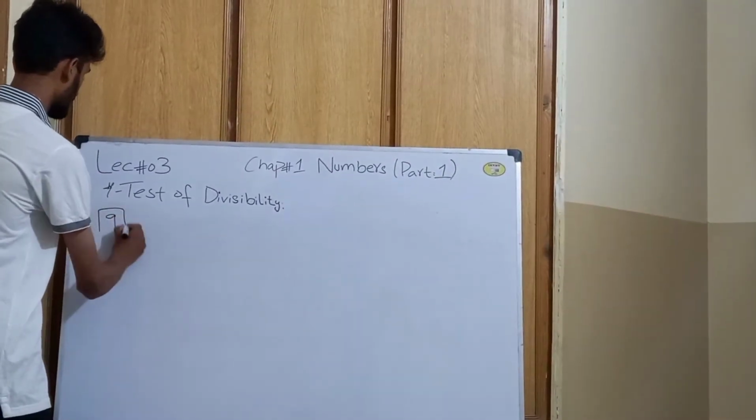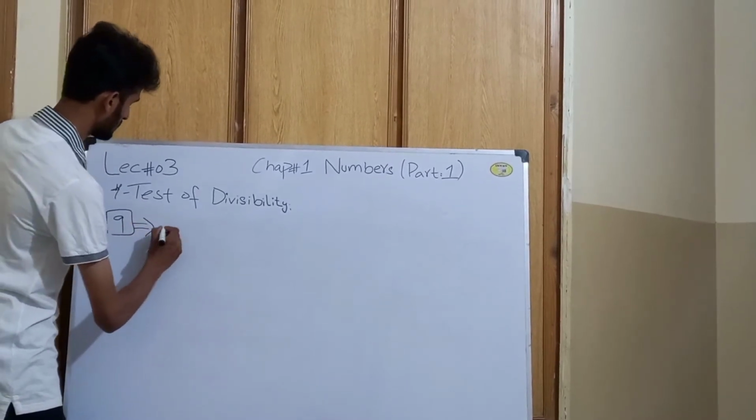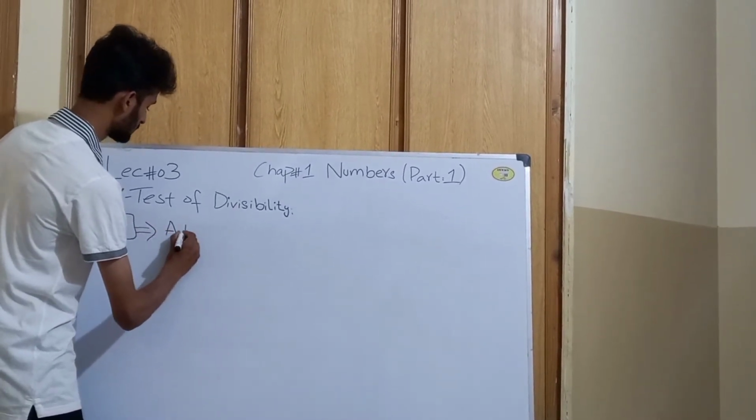Now we will see the divisibility test for 9. In case of 9, we will add all the digits of a number.